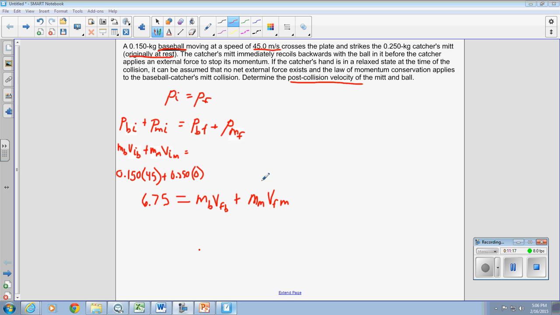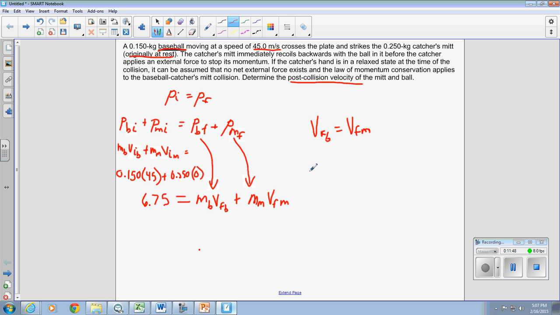And this comes directly from this term, or excuse me, these terms come directly from this term. And if they're going off together, what we can say is that the final velocity of the ball is equal to the final velocity of the mitt.